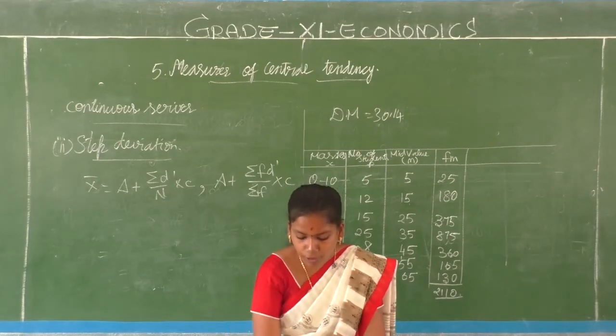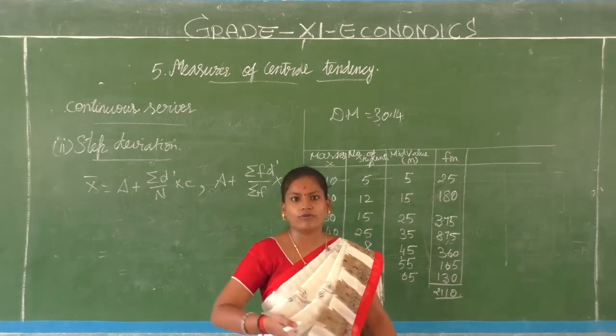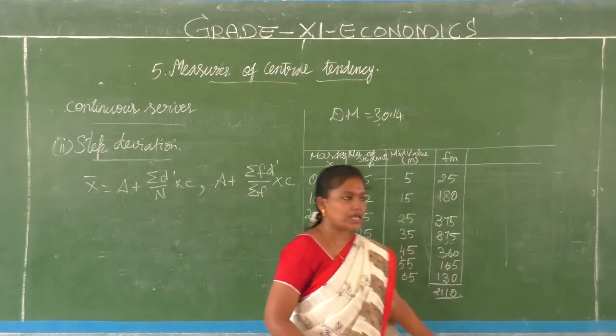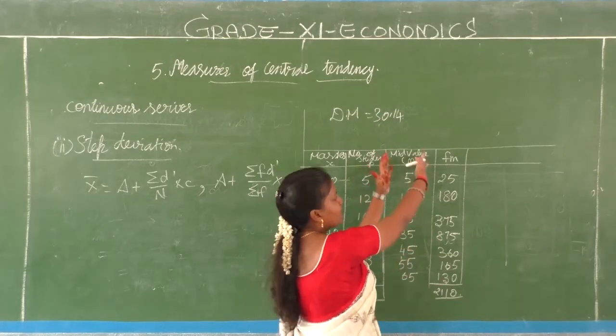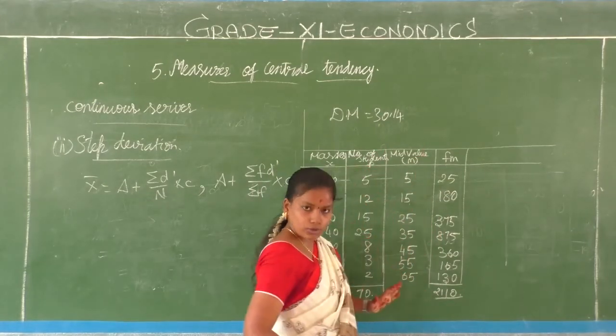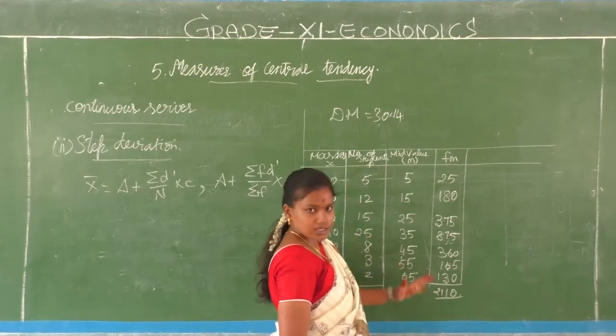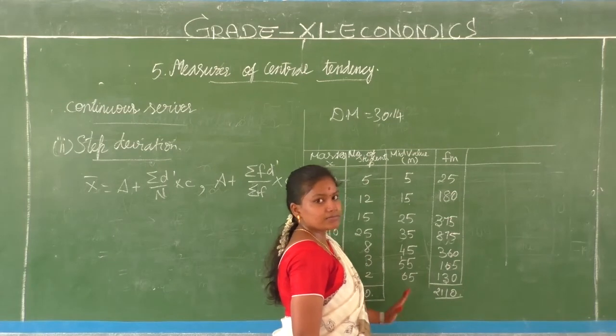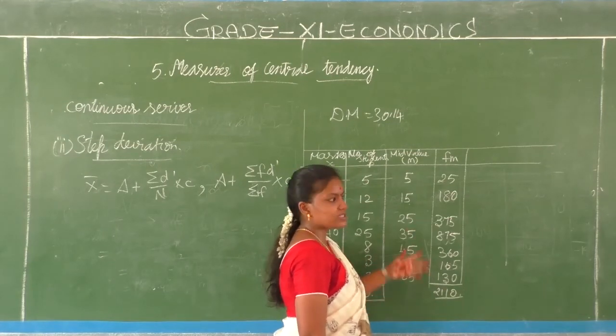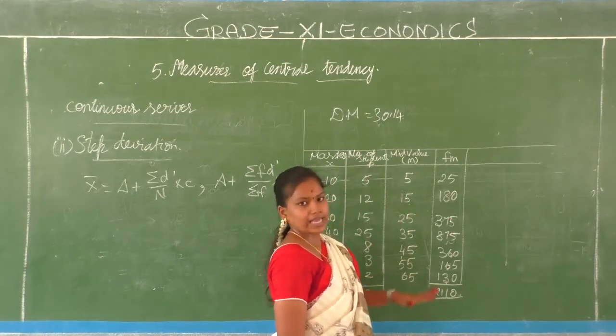How is d changed now? Usually we did it with x minus a. Here you are going to take the mid values. Wherever you took x, for this continuous series you take m, so x minus a is replaced by m minus a.